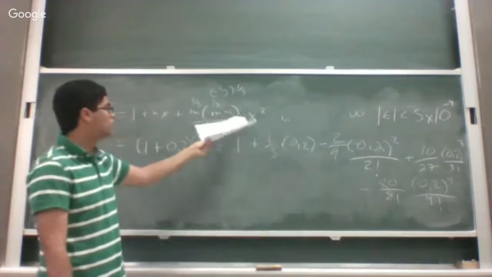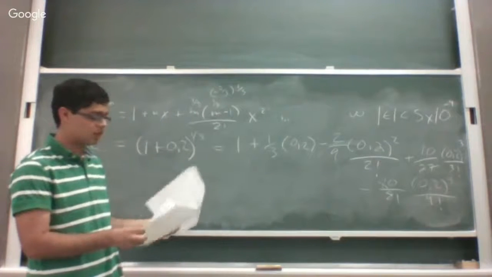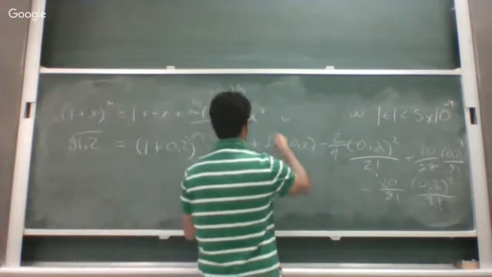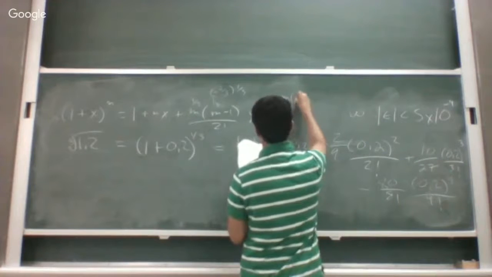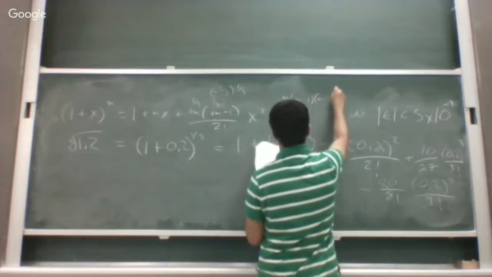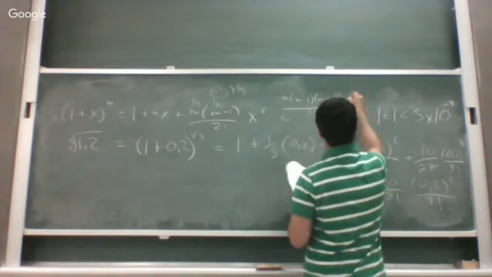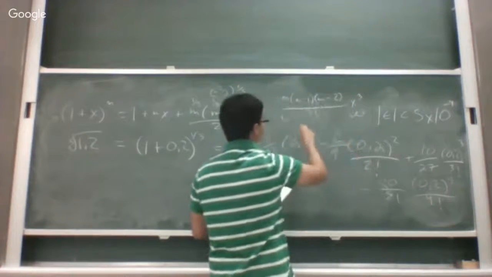On the exam that I posted online, they tell you the pattern. So the next part is m times (m minus 1) times (m minus 2) divided by 3 factorial times x cubed. So you just fill in.